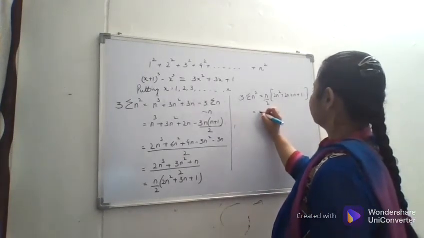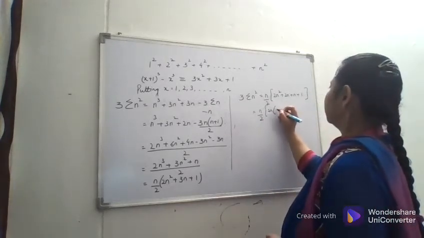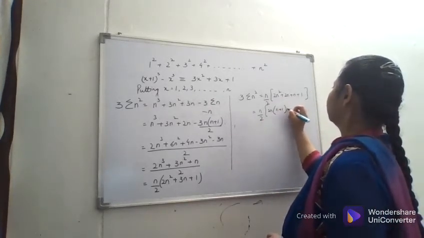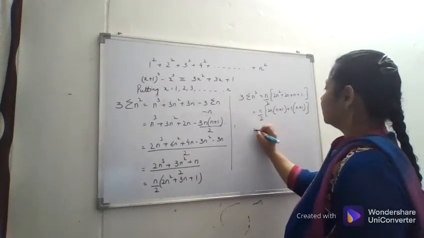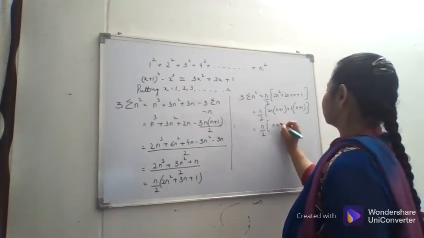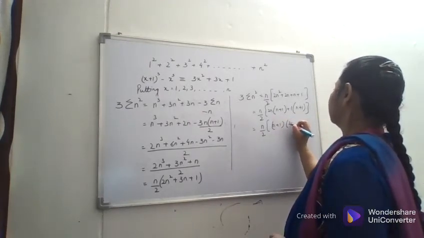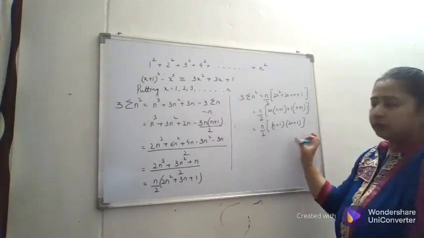So this comes out to be n by 2, taking 2n common, we get (n plus 1) common here. So we get n by 2 into (n plus 1) into (2n plus 1). So this is your equation.